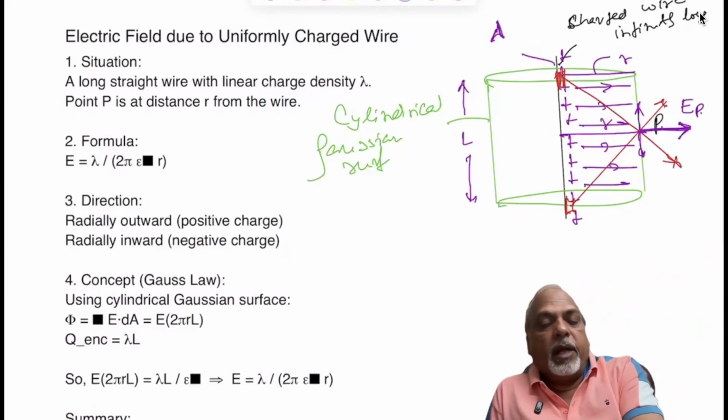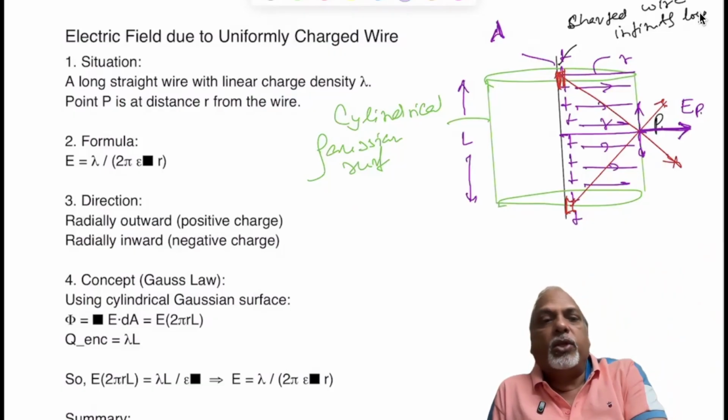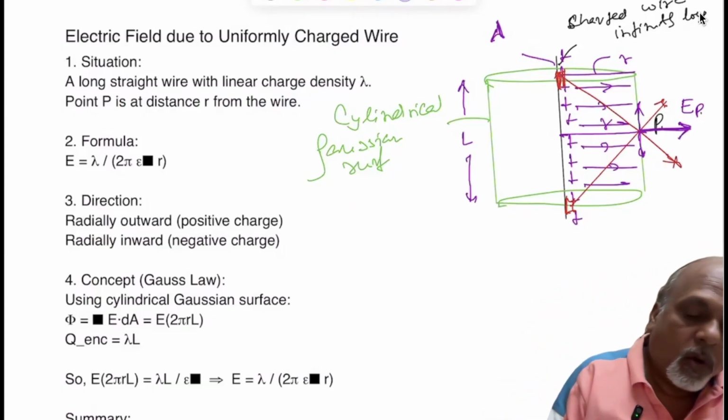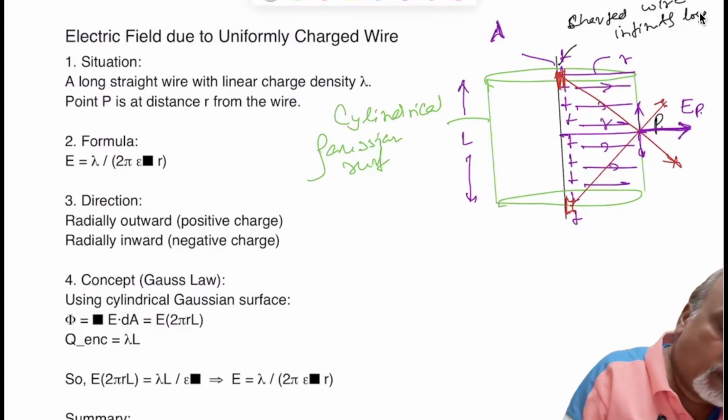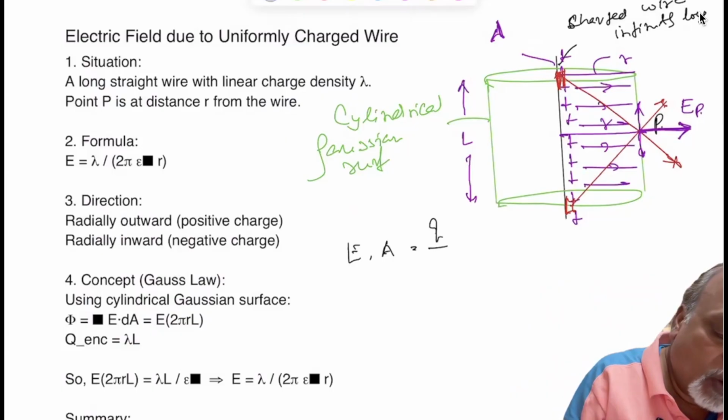But the direction is okay, what about the magnitude? So we know by Gauss's law, E into A is nothing but Q upon epsilon 0. So we have to find out E. What is Q?